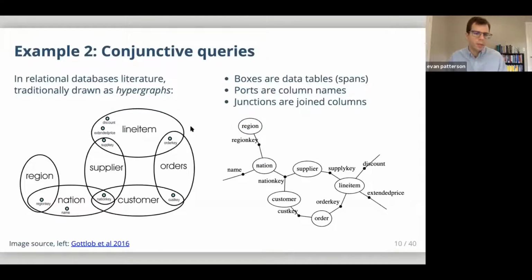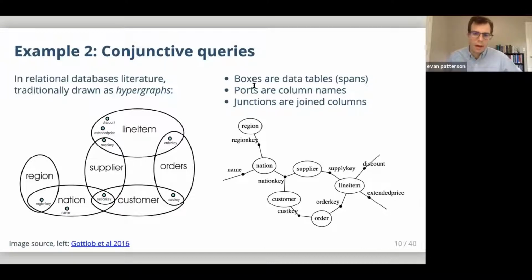Another example where this manifests is in conjunctive queries on relational databases. I'll say more later about what that class of queries is, but there is some tradition in the databases literature of viewing these diagrammatically. They're often drawn as these hypergraph pictures like you see on the left, where the vertices are things that you're going to join on, and the hyperedges are relations.